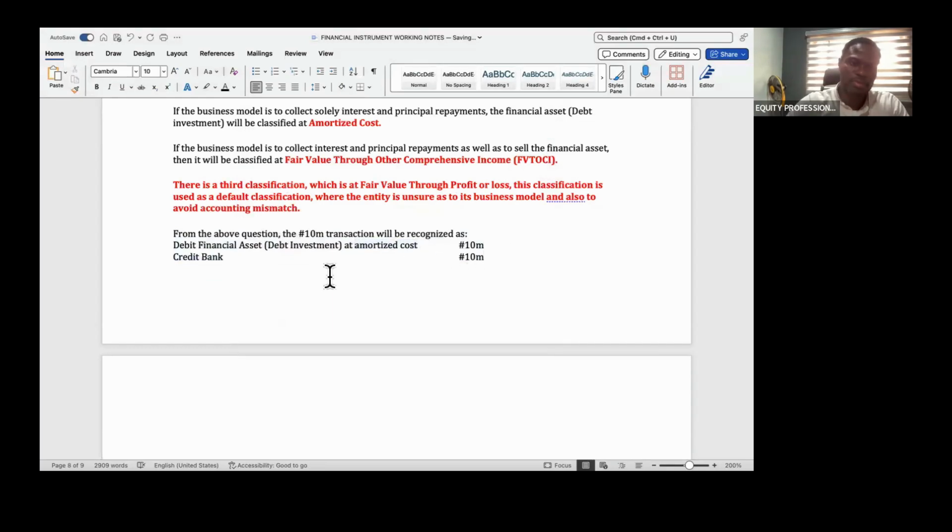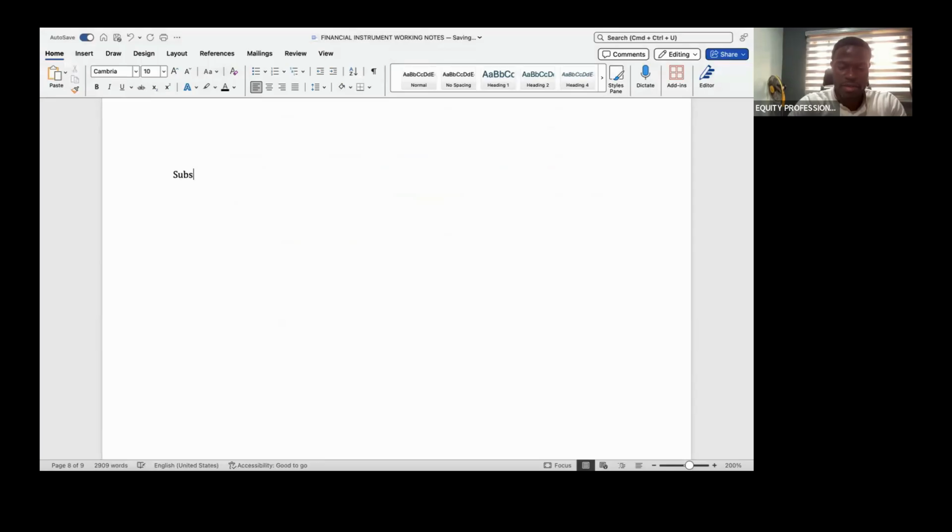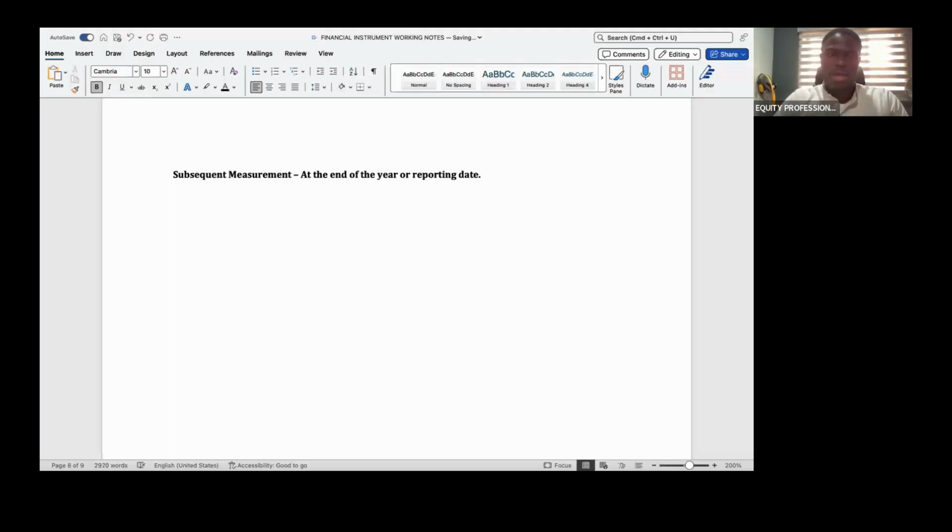Again, at the end of the year, which you call subsequent measurement, which is measurement at the reporting dates, there are also three measurement bases here, just like we learned.